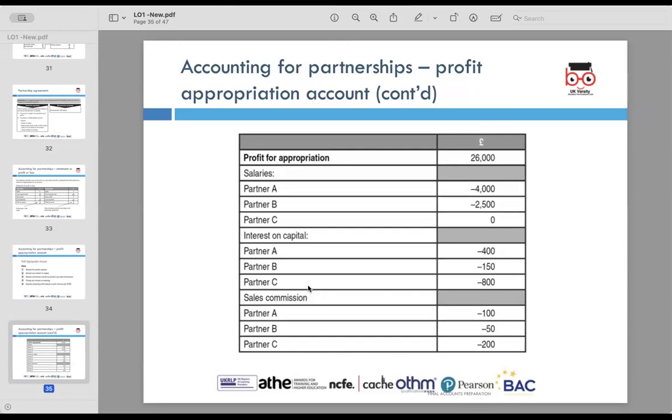In the context of a partnership, the profit appropriations account provides a structured approach to distributing profits among partners based on their contributions and entitlements.